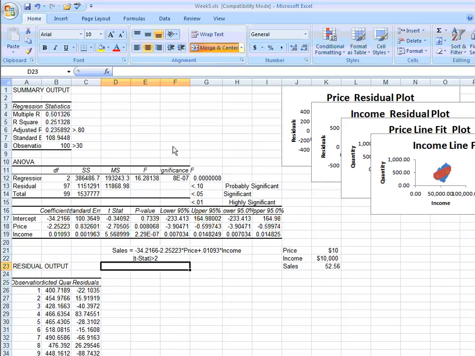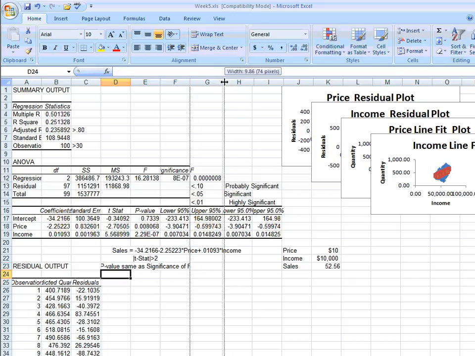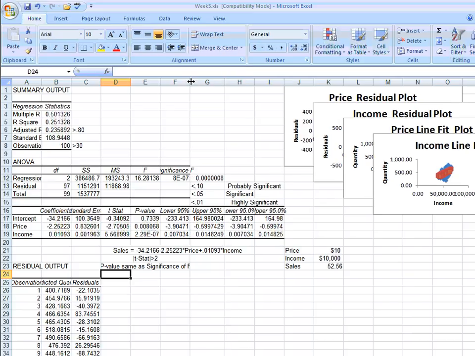Similarly, we merge and center that. The p-value uses the same criteria as significance of F. Let me widen that out just a little bit.